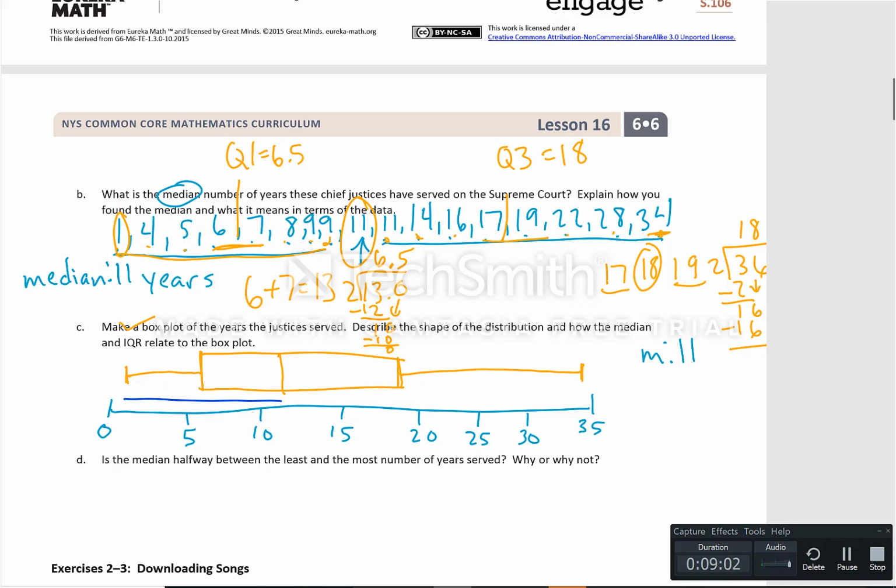Alright. The next part says, and how the median, so I can't forget this part, and IQR relate to the box plot. The range is 33 years, so my interquartile range is not my first part I'm going to state. So my range is the max minus the min.